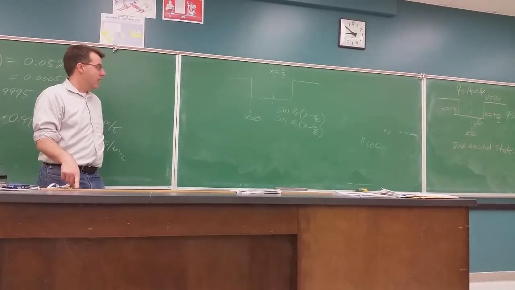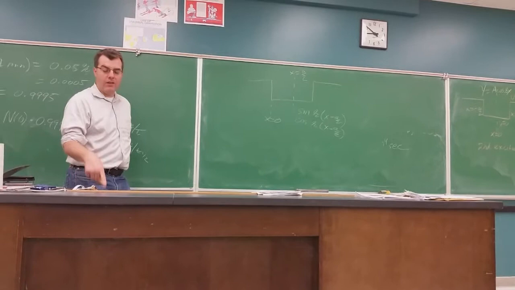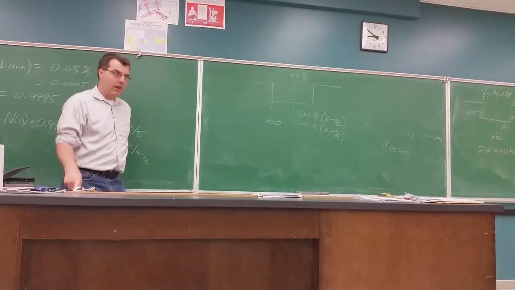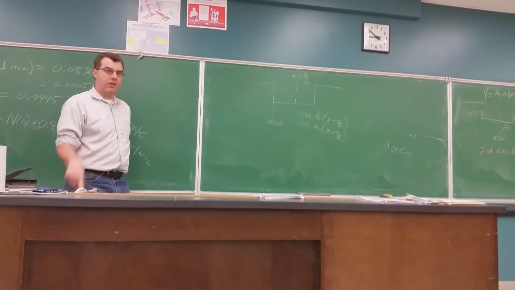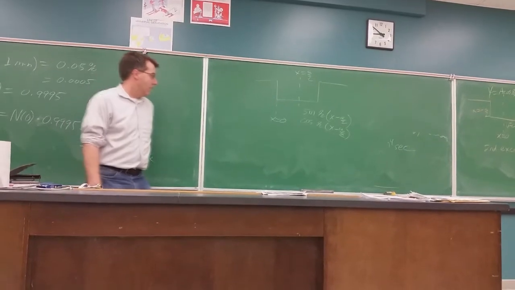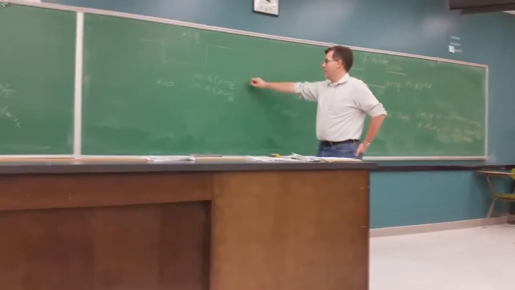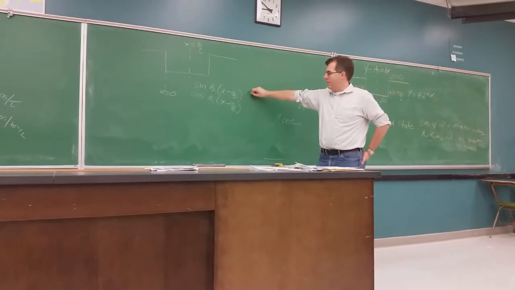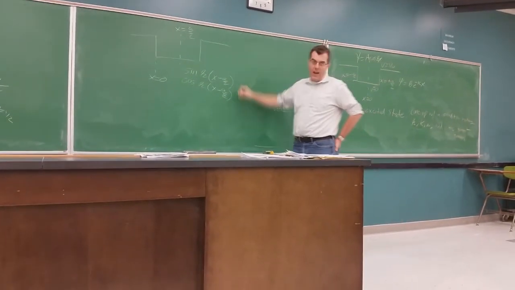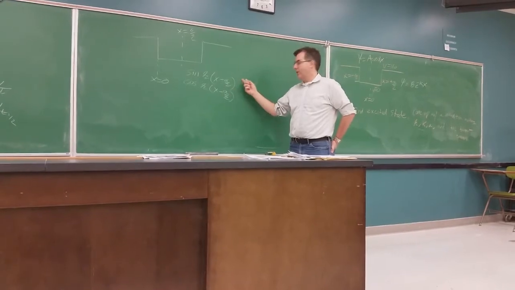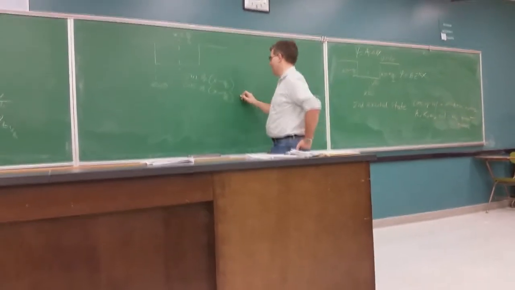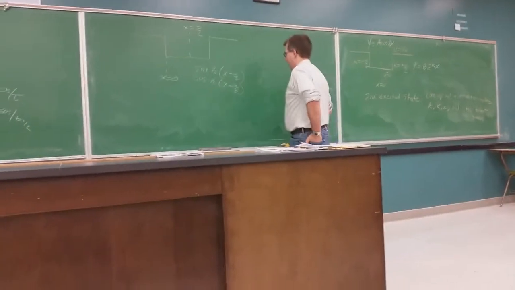Physics just says that your state has to be even or odd about the center, so it's an even or odd function of your distance from the center. But sine of k times x minus a over 2, if I want to write this in terms of sines and cosines of x, well, now I have to use some trig identities. So, let's see here.